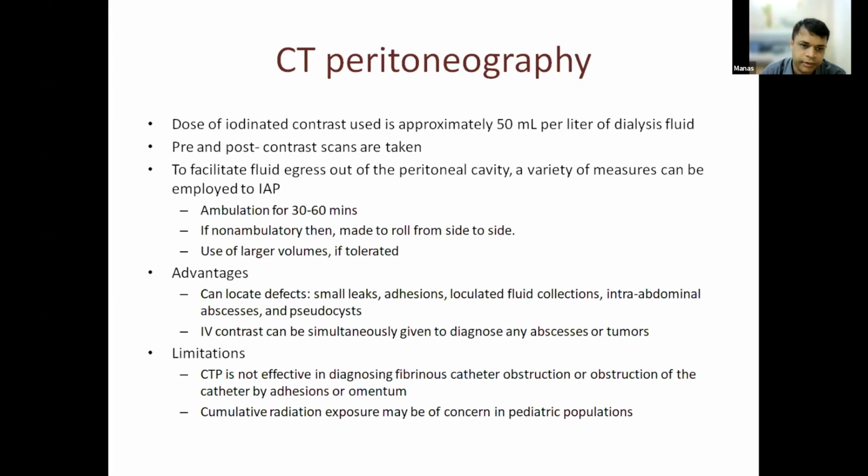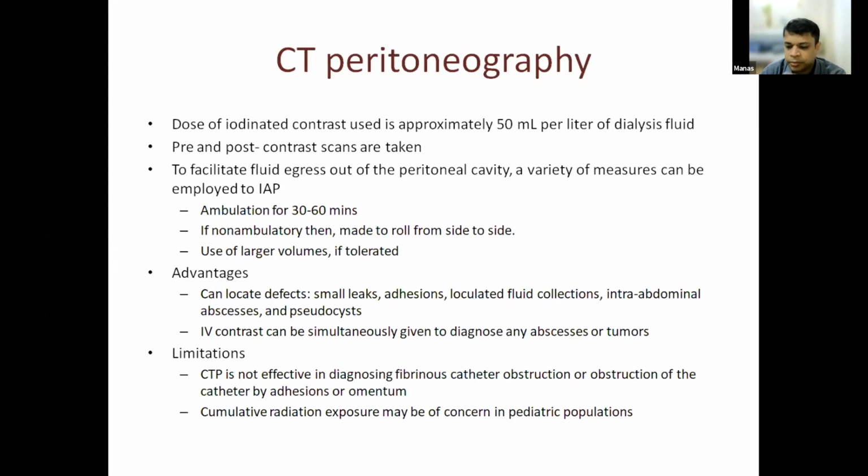So this is an advantage over nuclear scans. The limitation is that if there is catheter-related obstruction, we will not get any information. That is a limitation with nuclear scans also.